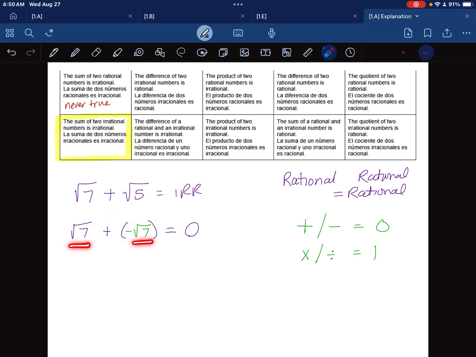Any number minus itself is 0. Ooh, 0 is rational. So that's why this one is only sometimes true, because I was able to find a case in which it was irrational, it went on forever, and then where it equaled 0, which is rational. That's kind of the name of the game here.